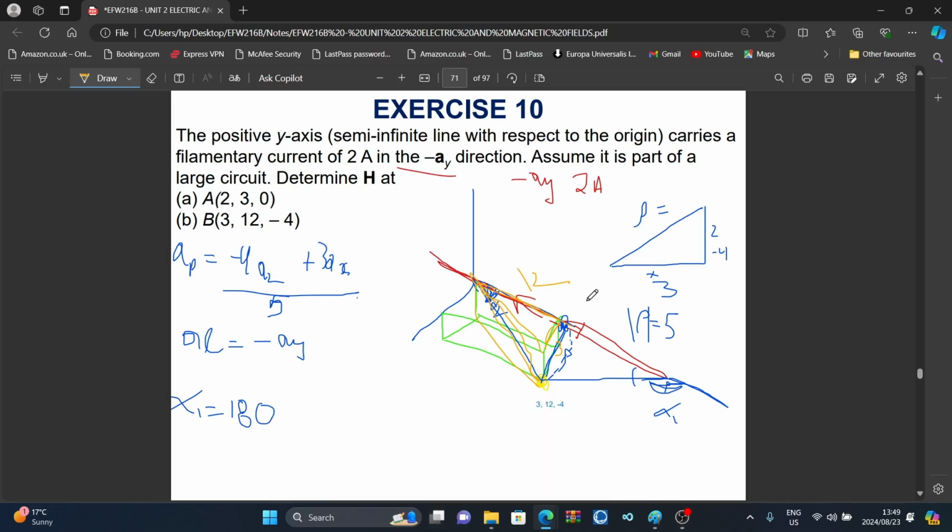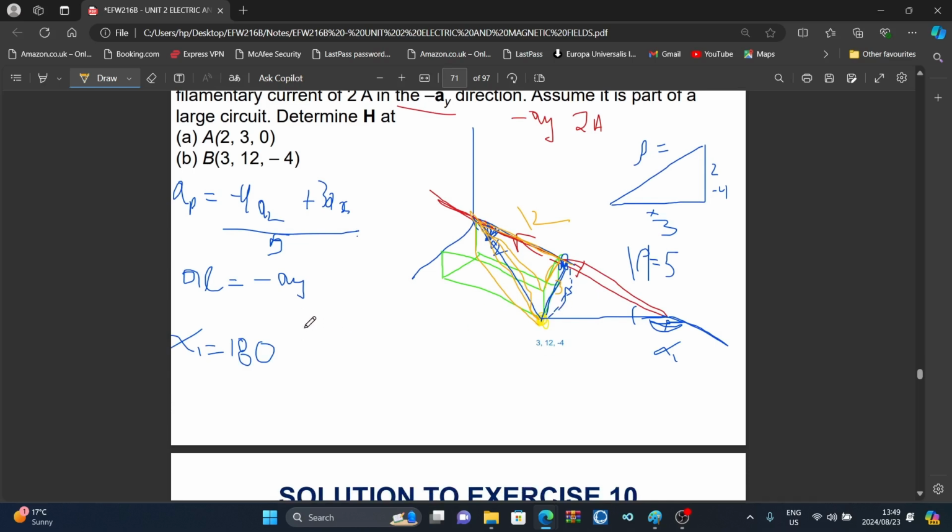Let's see, yeah, it's 13. This one here is going to be 13 because I believe it's square. 12 squared is 144, plus 9, plus 5 squared.